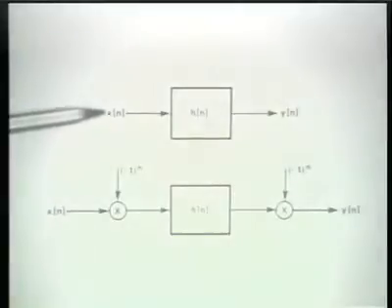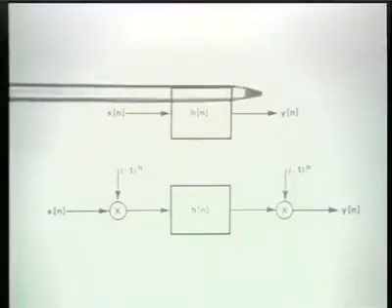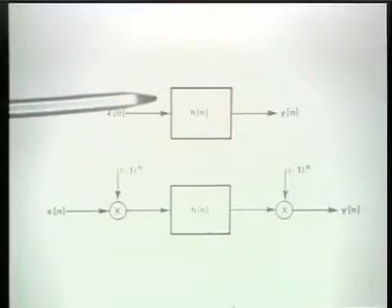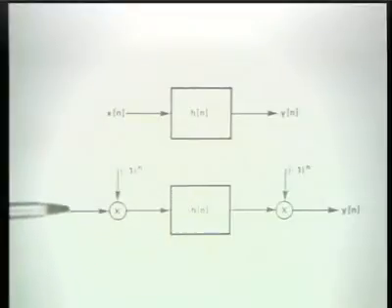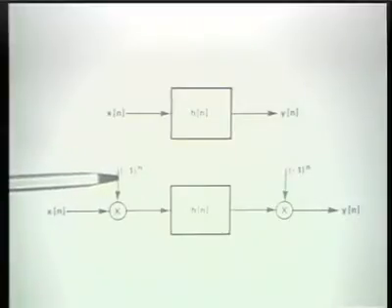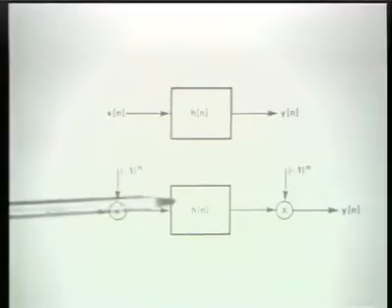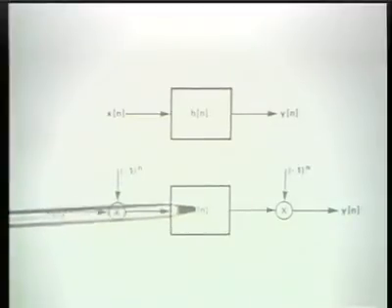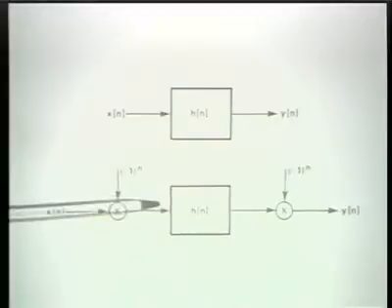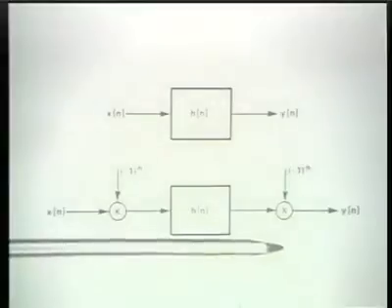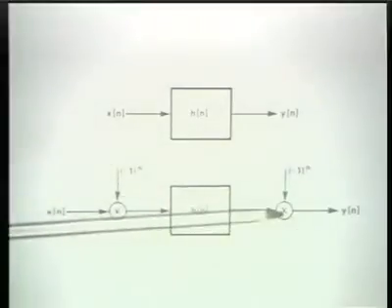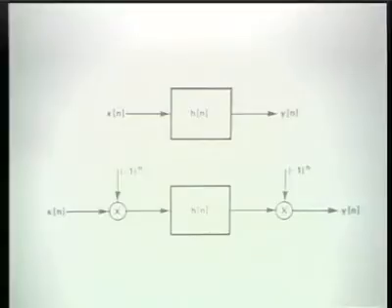Let's suppose, for example, that this system was a low-pass filter, and so it low-pass filters whatever comes into it. Down below, I indicate taking the input and first interchanging the high and low frequencies through modulation with -1 to the n, doing the low-pass filtering, and what's sitting at the low frequencies here were the high frequencies of this signal, and then after the low-pass filtering, moving the frequencies back where they belong by again modulating with -1 to the n.